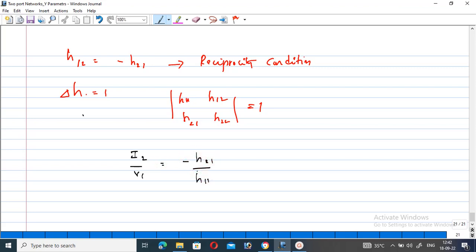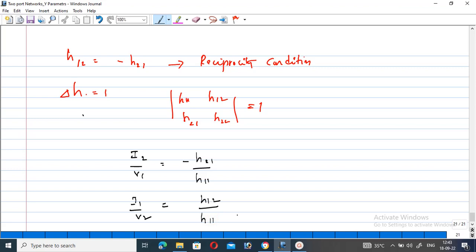You will get one equation from this, as well as from the H parameters representation, I1 by V2 is equal to H12 by H11.